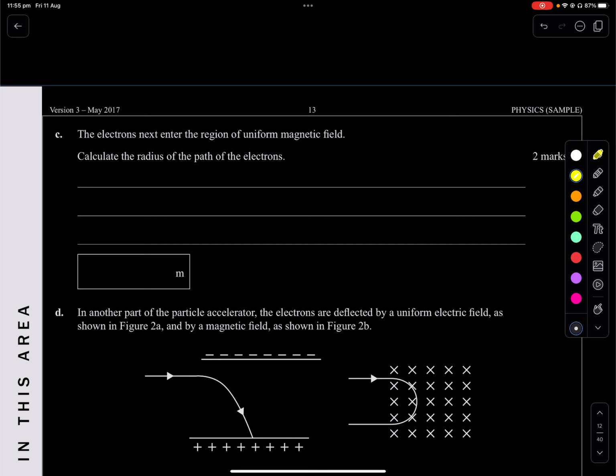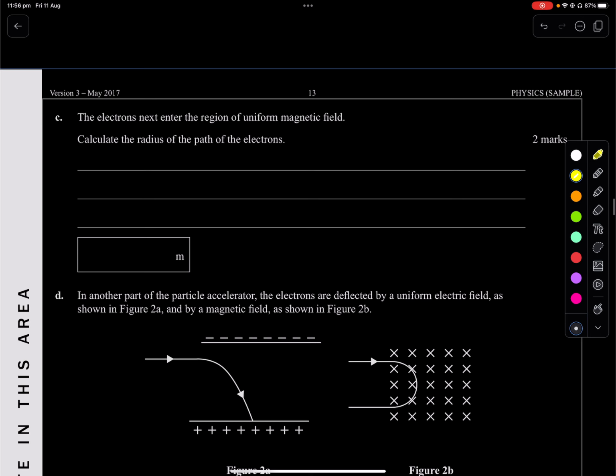The electron next enters the region of a uniform magnetic field. Calculate the radius of the path. To do that, r equals mv over qB. These formulas should all be in your formula sheet.